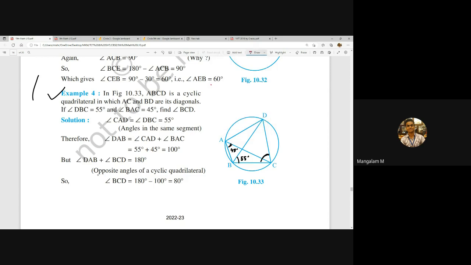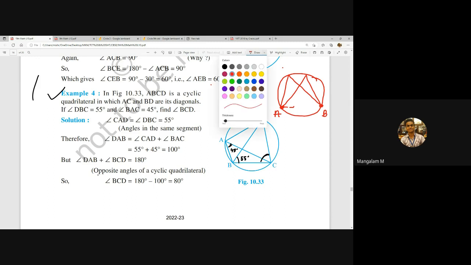So how will we find it? In the last class we discussed that, let's say there are two points, A and B, on a circle. The angles made from the same segment, let's say this angle and this angle, have the same base, AB. Since the base is the same, this angle will be equal to this angle.